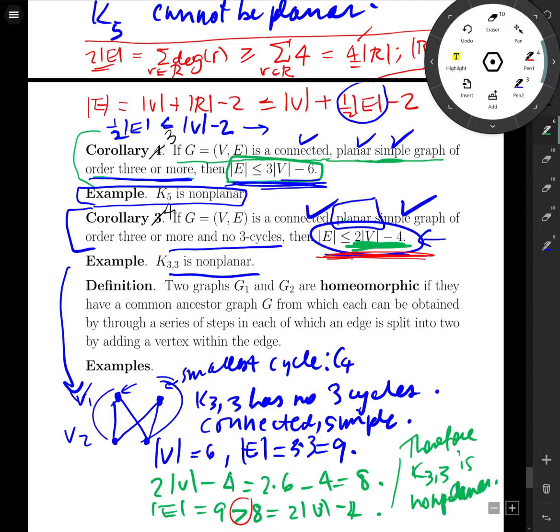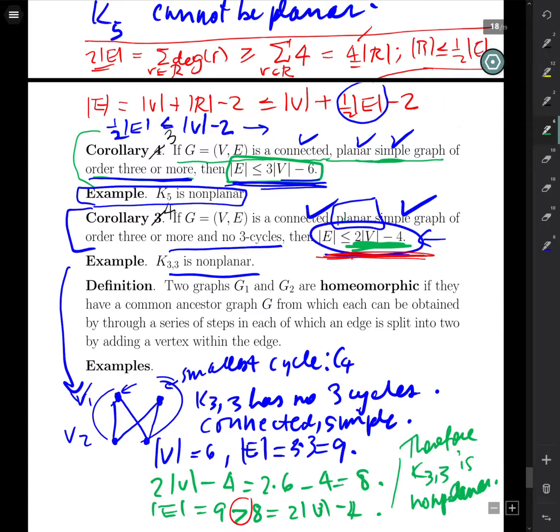And K33 and K5 are really the basic non-planar graphs, as we'll see a little bit later. So before we dive into that, we have now demonstrated in this video that K5 is non-planar, and K33 is non-planar.